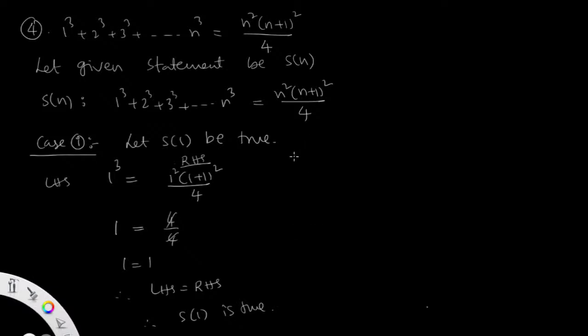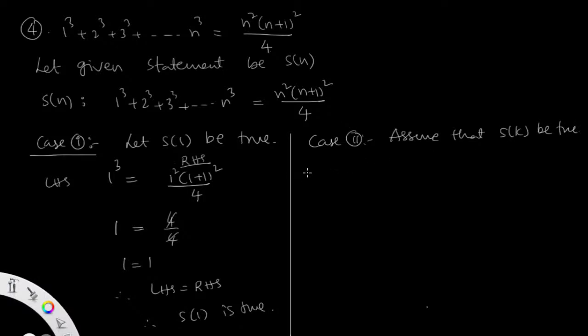Similarly, case 2 we can write here. Case 2 is: assume that S(k) is true. That is, in the place of n you can write k. That is S(k), which is equal to 1³ + 2³ + 3³ + ... + k³, which equals k²(k+1)² divided by 4.